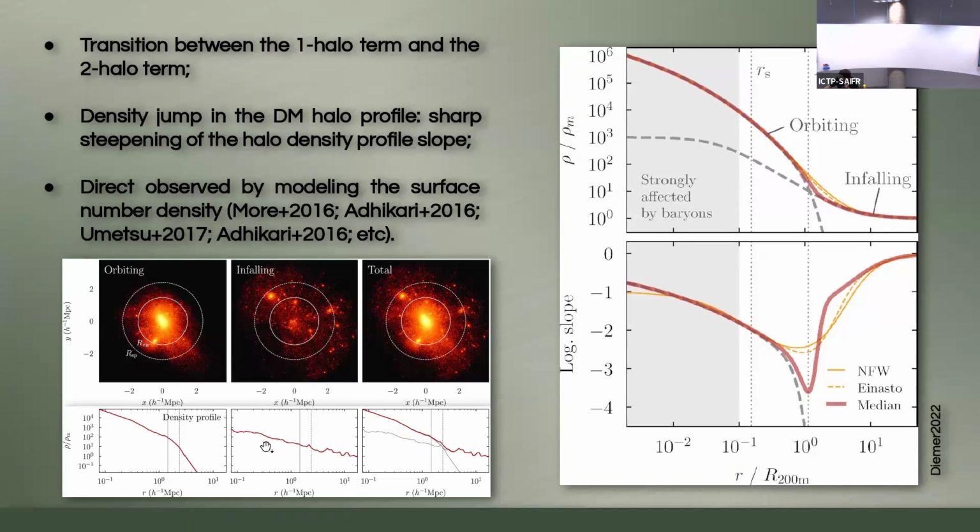We have an infalling region, and in the total, what happens is a density jump in the region of the splashback radius that separates the infalling and the orbiting parts. But these plots are just measurements of the simulations. Yes. But it's not a model yet, right? No. Okay.